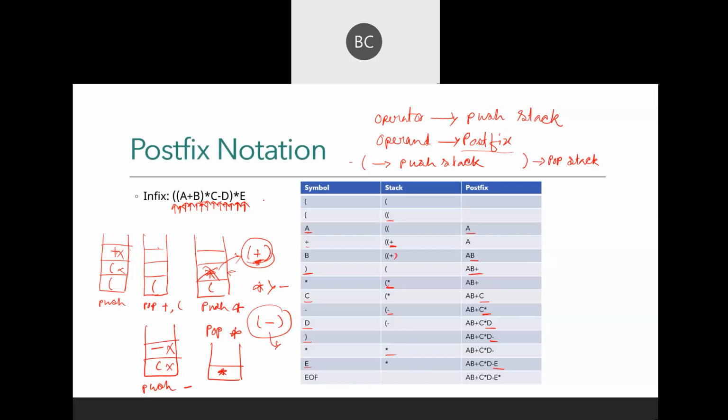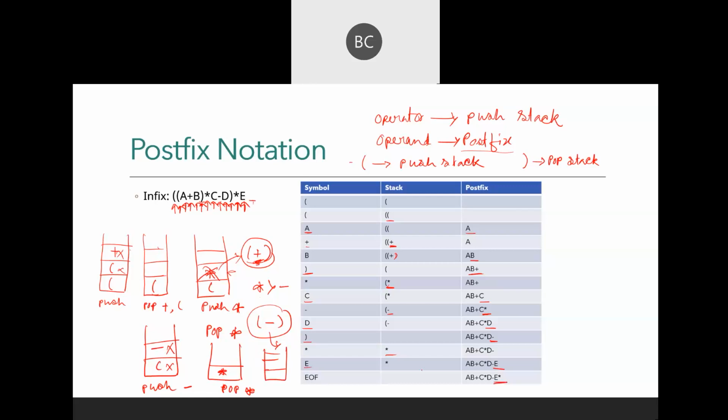So done. You have evaluated all these symbols and operands. Now what's left over in the stack is the star sign, so you will pop this star sign. The stack will remain empty and you will print it onto the postfix.